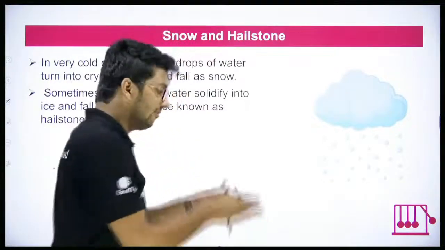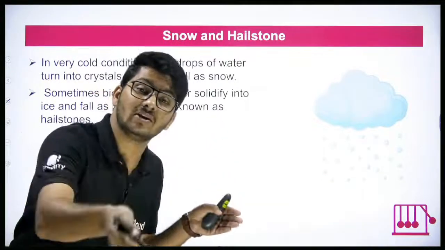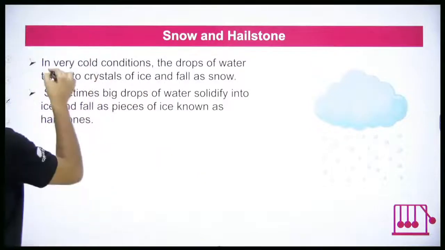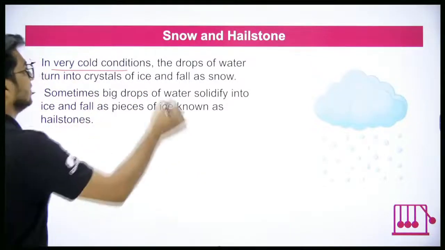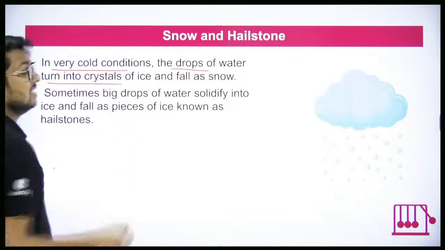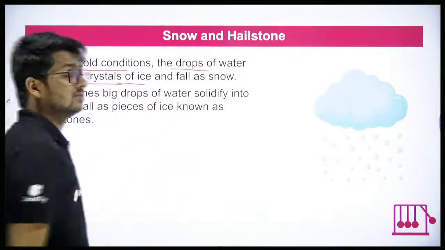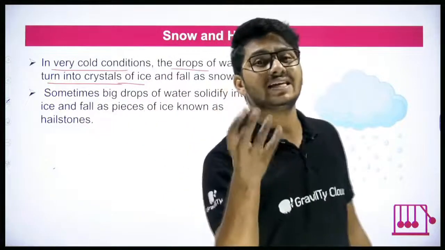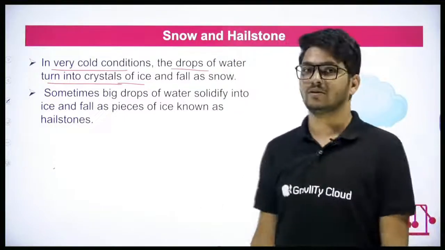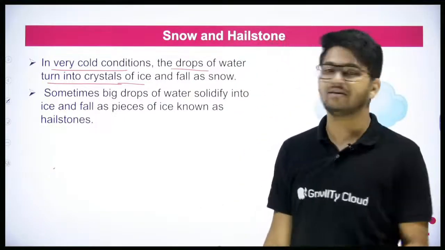If it is cold enough, water can also convert into ice. So in very cold conditions, the drops of water turn into crystals of ice. They freeze into ice, and they fall down.